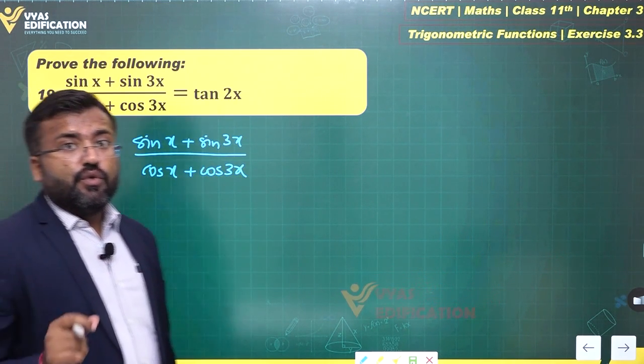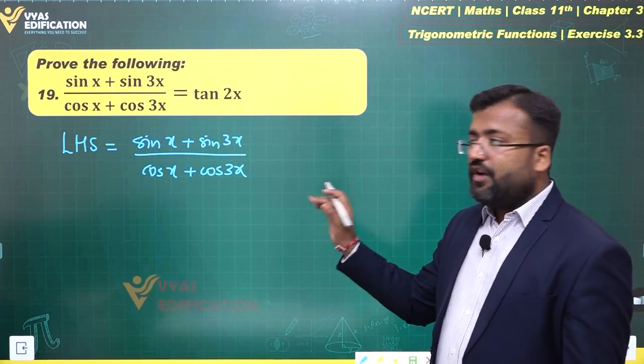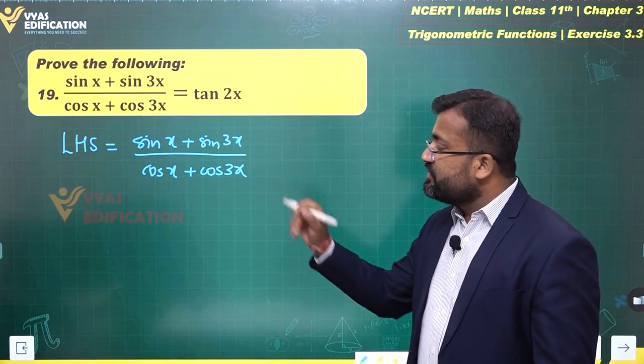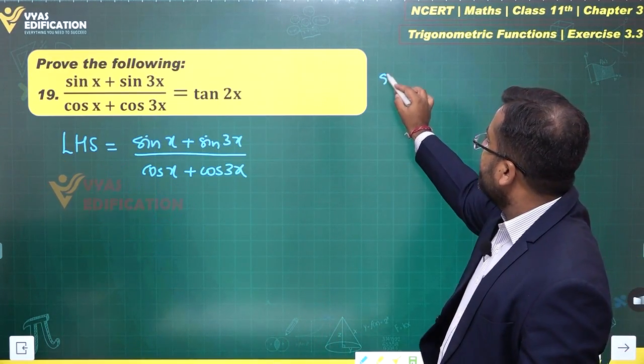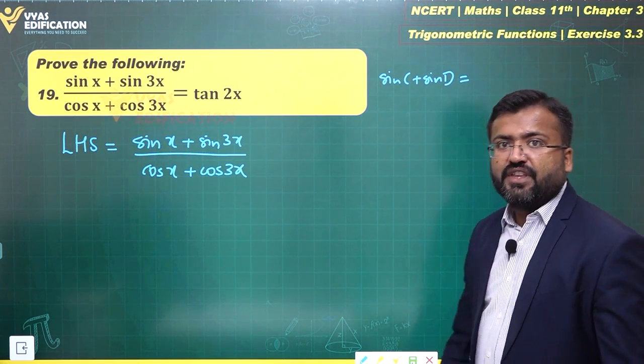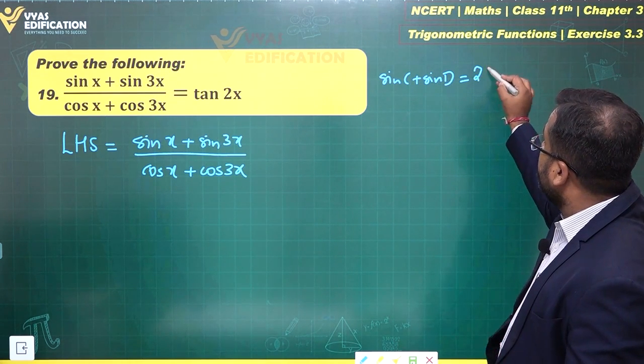and we'll use two important identities for transforming the sum, sin C plus sin D in terms of product and cos C plus cos D in terms of product. Let's write the formula first. Sin C plus sin D is equal to what? This is equal to 2 sin (C plus D) by 2 cos (C minus D) by 2.